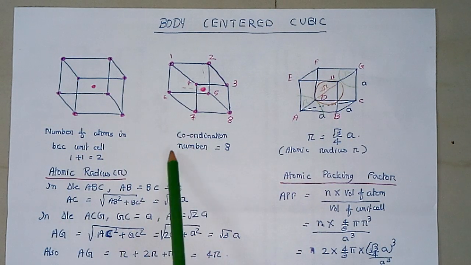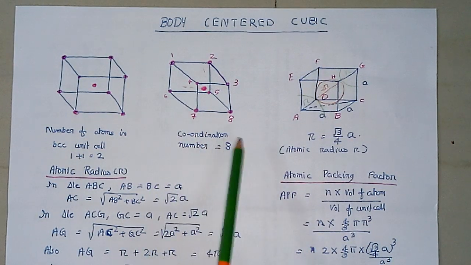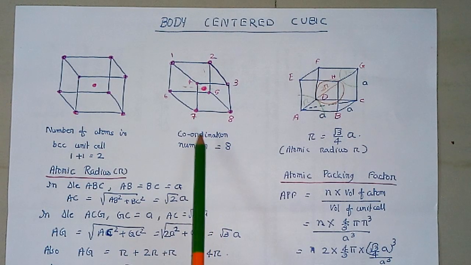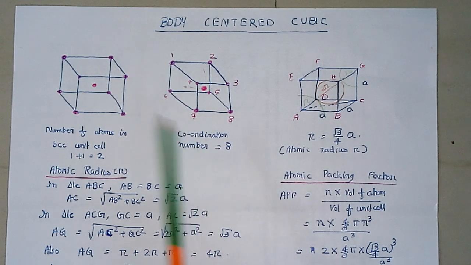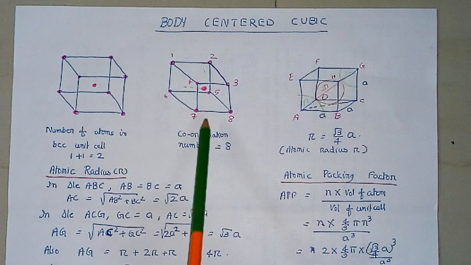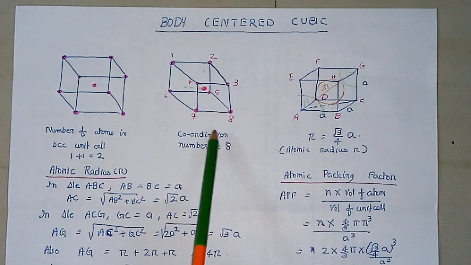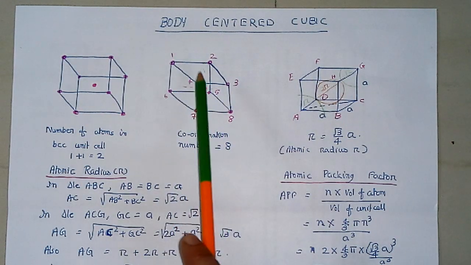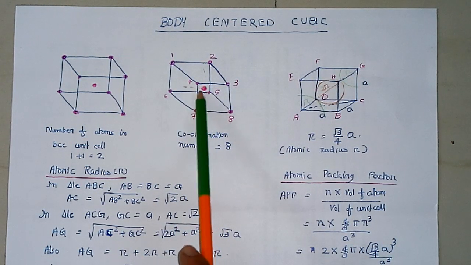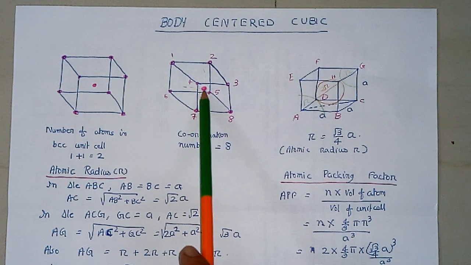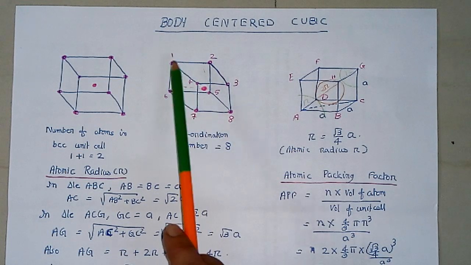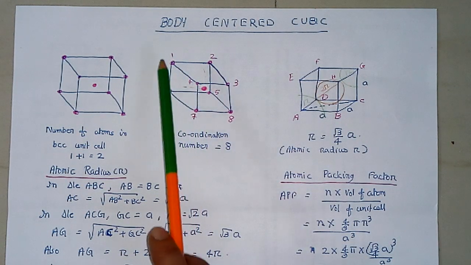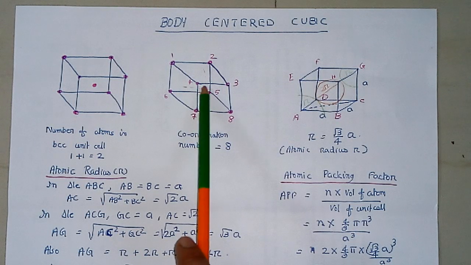And let us see the coordination number for this BCC structure. So what is coordination number? That is the number of nearest neighbors, and for this it is very simple. As you can see, this is the corner atom, and this corner atom has neighbors lying here in the corners. Sorry, this is the center atom.